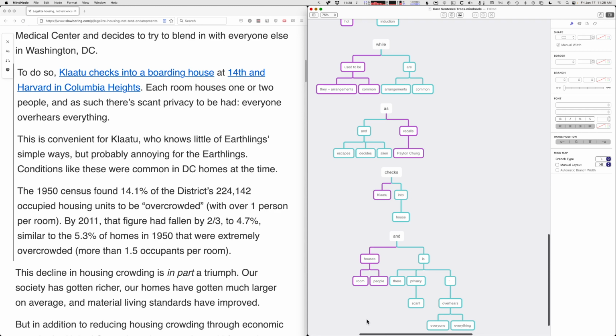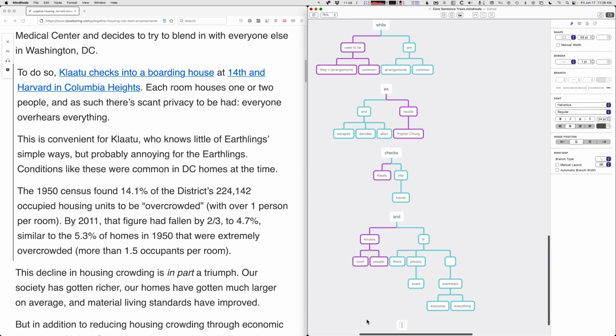Next paragraph looks quite quick. I'm going to do it too. I'm going to ignore the who knows little, even though it is a clause. It's just giving some details about clause 2. It's kind of like an aside, or kind of like a parenthetical. So we have but as the conjunction.